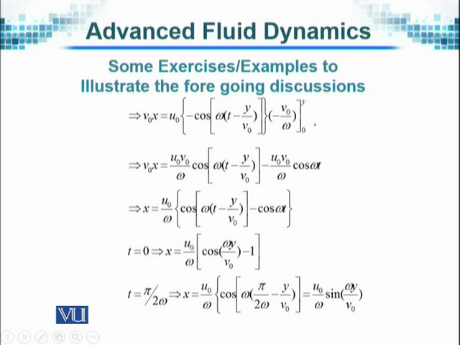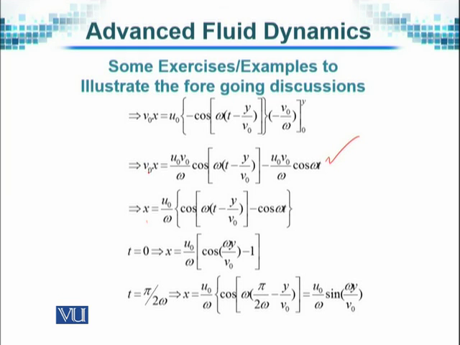Of course, y is replaced by y, so the variable remains as y. But when t is equal to 0, the functions that involve t are affected, and cosine of 0 is 1, so that is reduced to 1. Then we obtain that x is equal to this value, where we have divided the upper equation throughout by v naught.